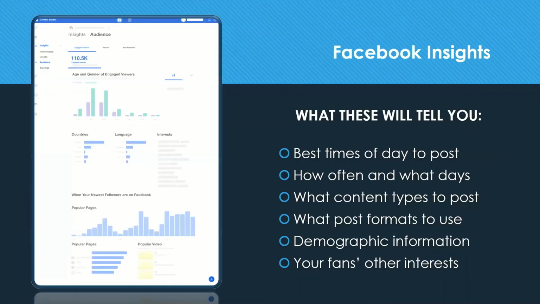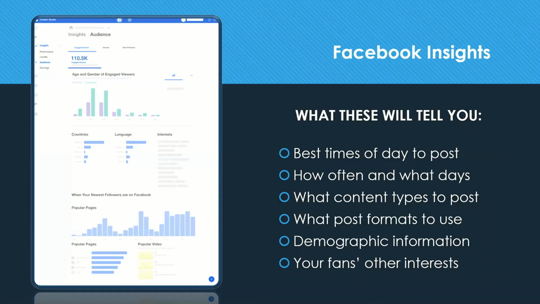Now, what this is going to tell you after you've analyzed all of the numbers is the best times of day to post, how often, and what days are best for you to post, according to what days and what times people engage with your content the most. It'll tell you what content types to post.